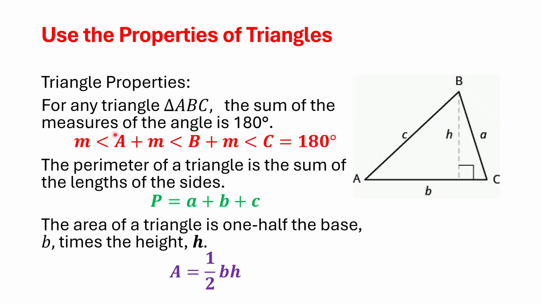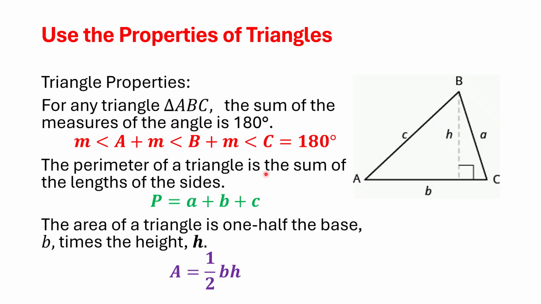So it reads like this: the measure of the angle at A, this is the angle here, this is the vertex A, so the measure of the angle at vertex A, plus the measure of the angle at B, plus the measure of the angle at C is equal to 180 degrees.